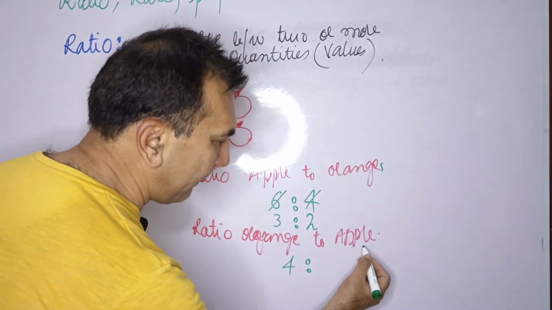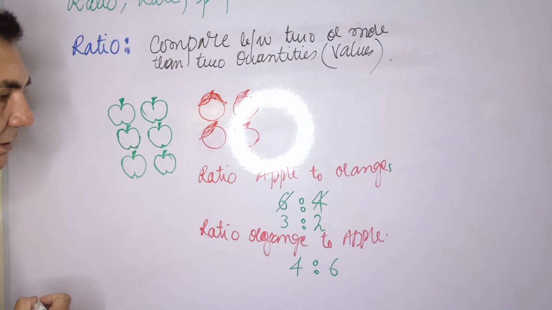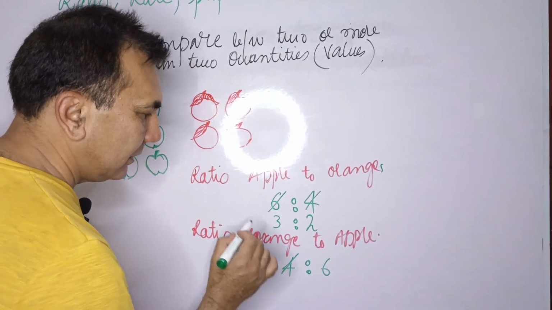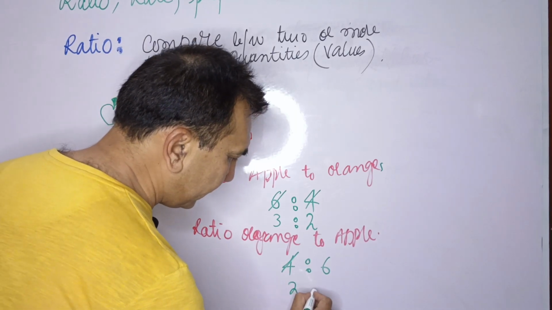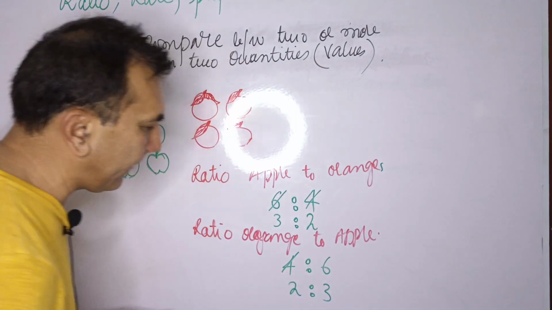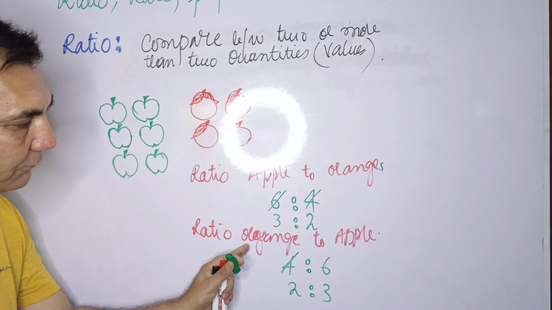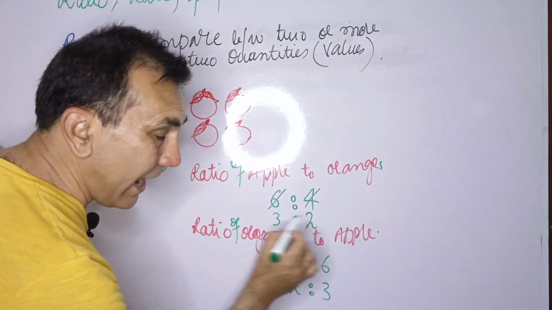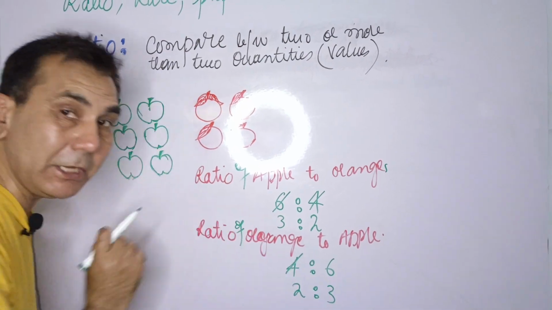And how many apples? 6. Again we divide by the largest common number, 2. Now the ratio of the orange to the apple is 2 to 3.